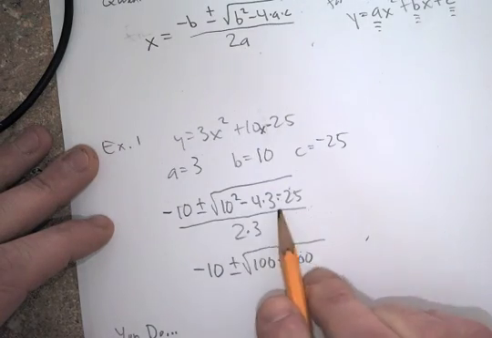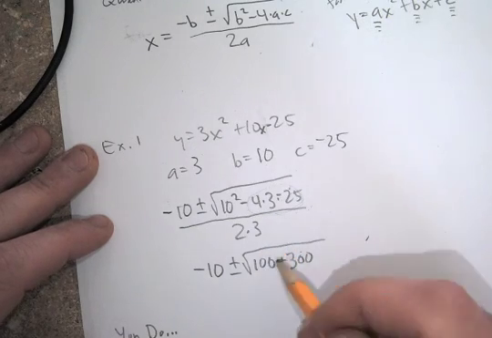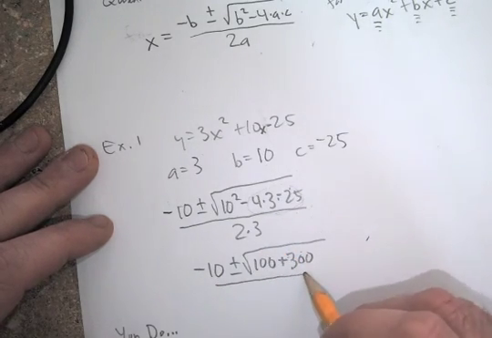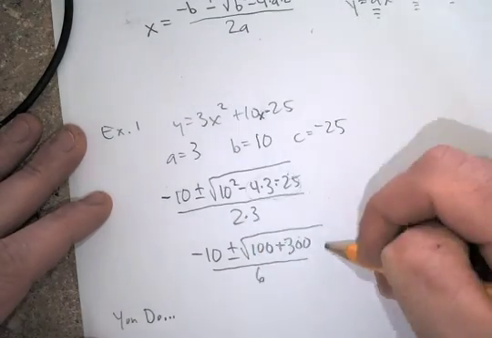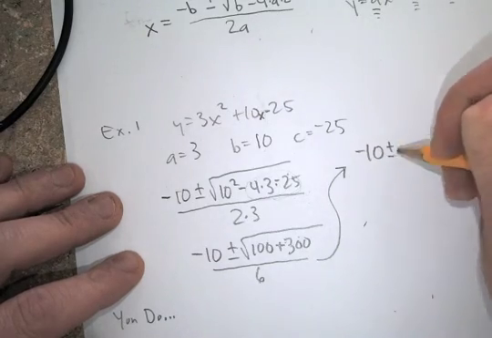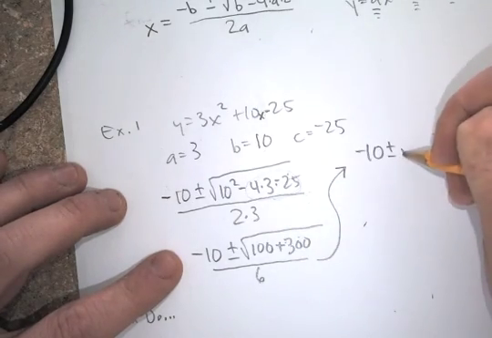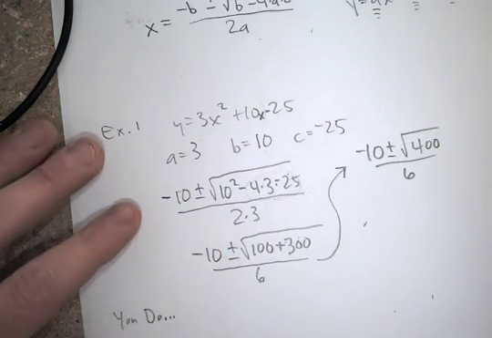Follow that? So that's why it's a plus 300 there. That's where a lot of people make a mistake on that sign. And then 2 times 3 obviously is 6. Okay, so negative 10 plus or minus square root of 400 over 6.